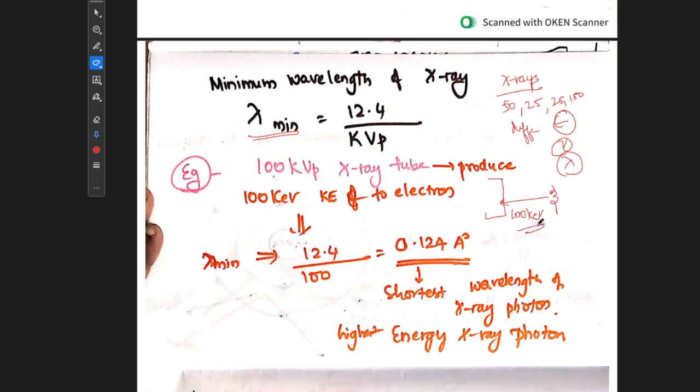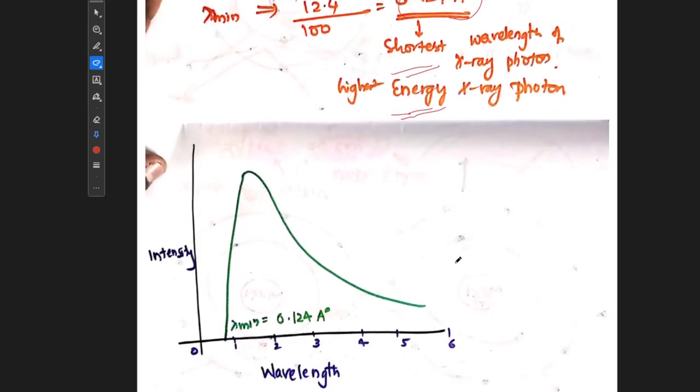This gives a wavelength of around 0.124 angstrom, the shortest wavelength of the X-ray photon. That is the highest energy X-ray photon.